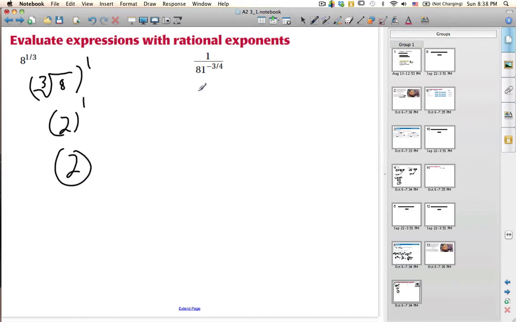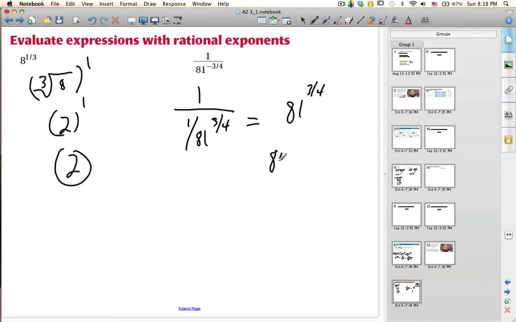So if we take a look at this, this is maybe a little more complicated. We have 1 over, and then I want to get rid of the negative exponent. So this would be 1 over 81 to the 3/4 power. So I inverted this denominator and then made the exponent positive. When I invert and multiply, this will just end up being 81 to the 3/4 power.